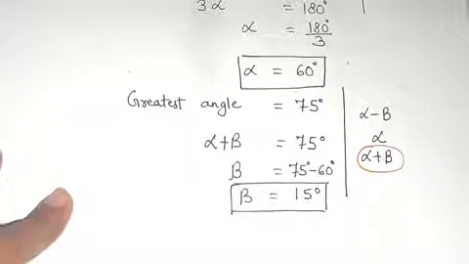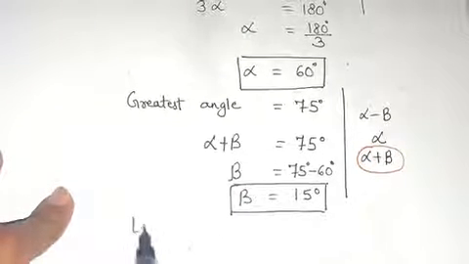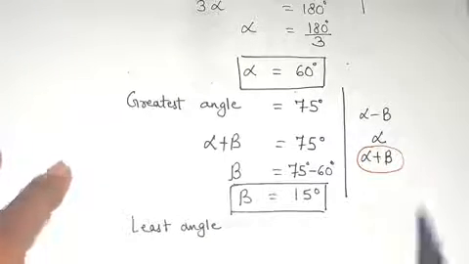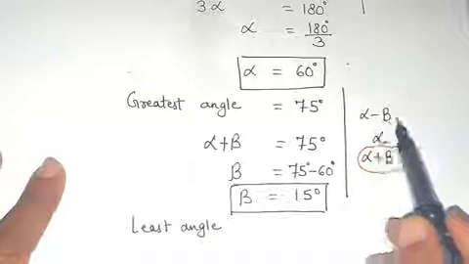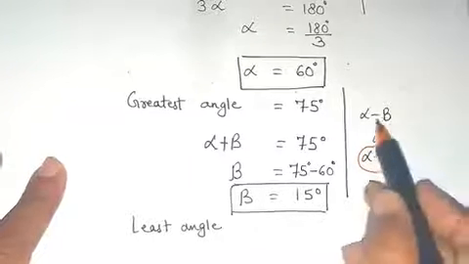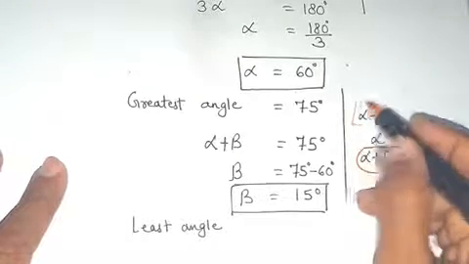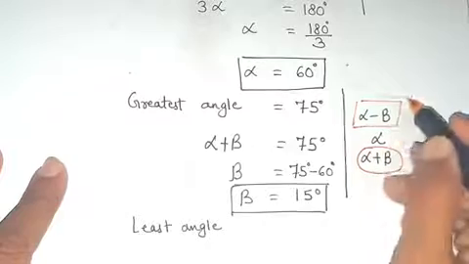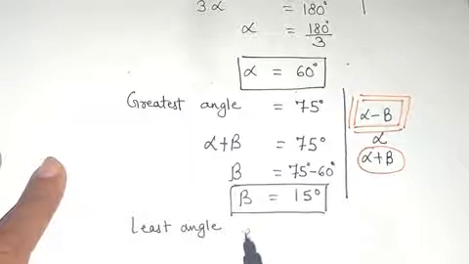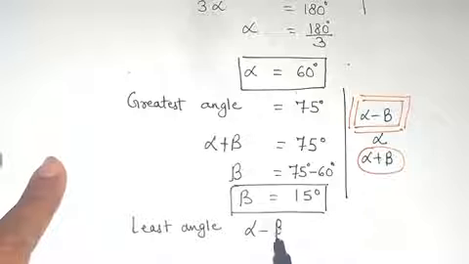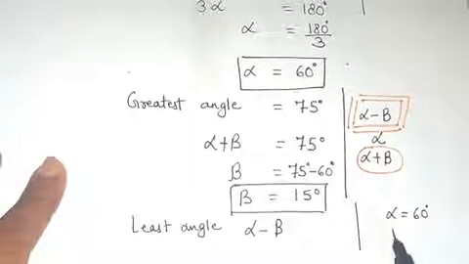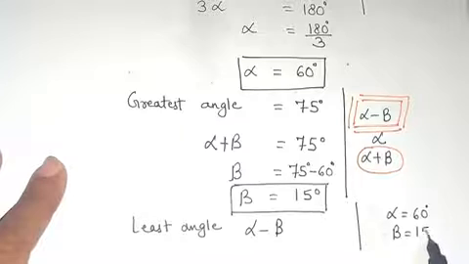But what is the question? We have to find the least angle of the triangle. Again we revise. These are three angles of the triangle. So which angle will be the least angle? Definitely your answer will be alpha minus beta. So this is alpha minus beta, as alpha was 60 degree, beta was 15 degree.